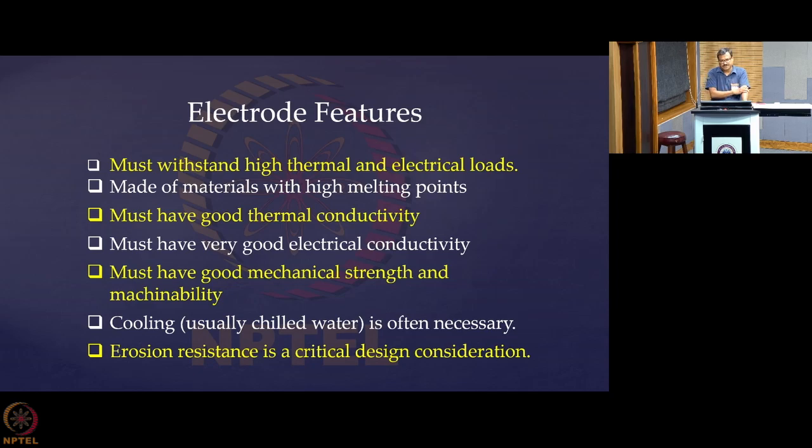So, this is another feature which needs to be looked at, and it is usually much less when you are using a tungsten electrode in an inert gas environment, but usually very high when you are using thermochemical cathodes and operating such devices.